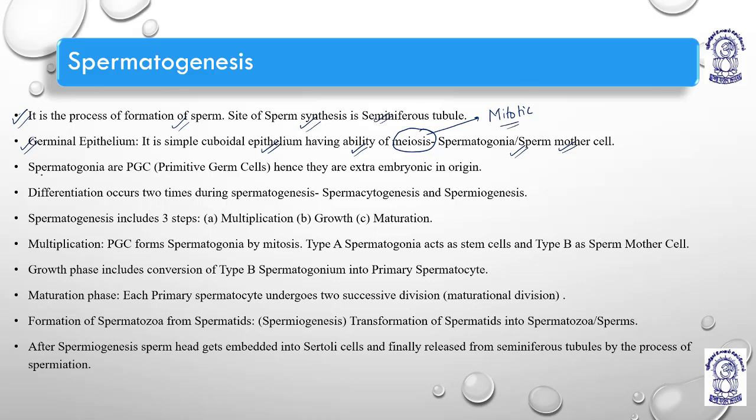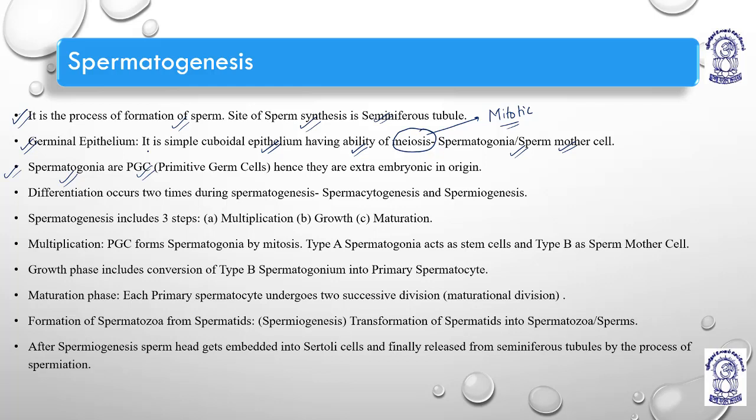Now coming next, spermatogonia. Spermatogonia is basically the sperm mother cell, and it derives from primordial germinal cells, or primitive germinal cells. These primitive germinal cells came into existence during embryological development, when the extra embryonic mesoderm is formed.